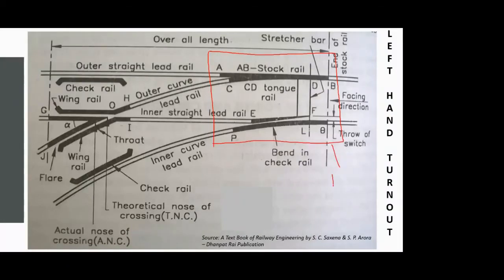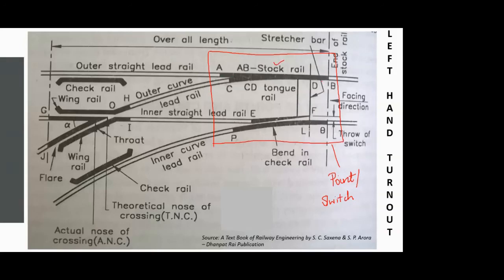Okay, so this is a point or a switch, and whatever are the components in this point or switch, we have seen all the components such as stock rail, tongue rail, heel block, distance block, then sliding plate or sliding chair, stretcher bar. So all that we have seen. Now you can try to correlate it with this picture. Now this is just a line drawing. So stock rail, now you know what it is.